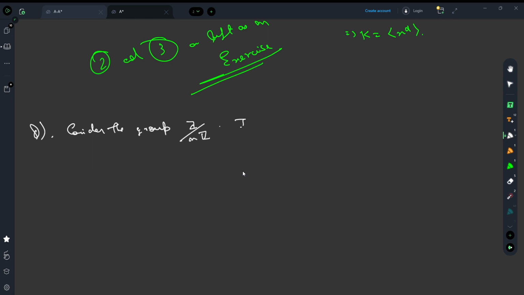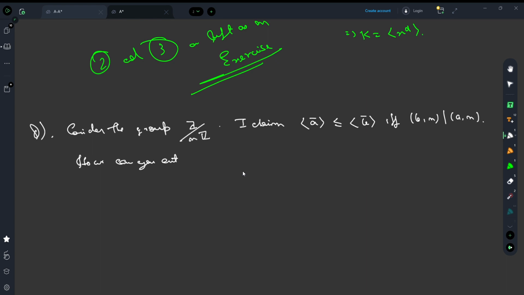Try to verify it, try to justify it. I claim that any cyclic group generated by an element A will be contained in a cyclic group generated by an element B if and only if the GCD of B and N divides the GCD of A and N. Okay, clear?